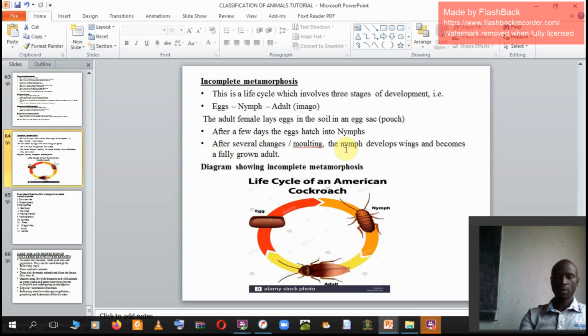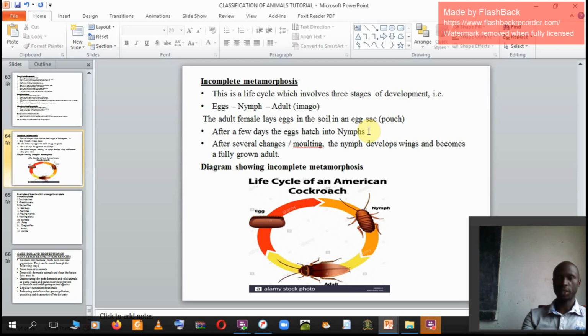We move to incomplete metamorphosis, and this is the stage where insects undergo 3 stages. They have eggs, and from eggs they go to nymph. From nymph, they move direct to adults. The adult female lays eggs in soil, and those eggs will hatch into nymph, not to larva this time.